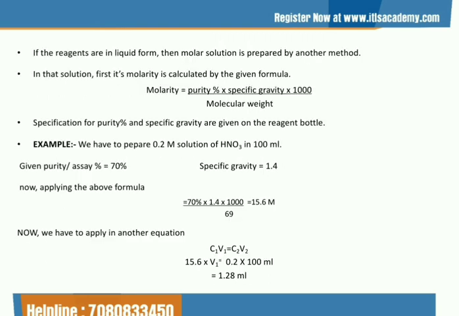If the reagents are in liquid form, the molar solution is prepared by another method. In the liquid state, we use another formula for the preparation of molar solutions. First, its molarity is calculated by the given formula: molarity is equal to purity percent times specific gravity times 1000, divided by molecular weight.